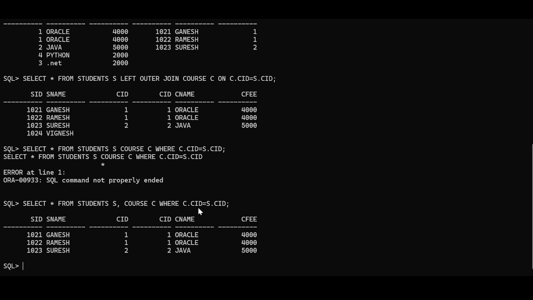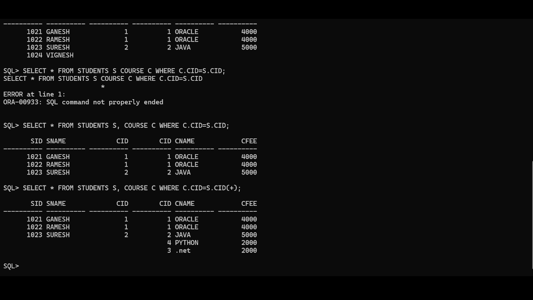But I want to do the left outer join by using the non-ANSI format. How can I do that? Simply by using an operator called the predicate operator, the plus operator. Okay. If I place the plus operator here, now this is going to act as what?